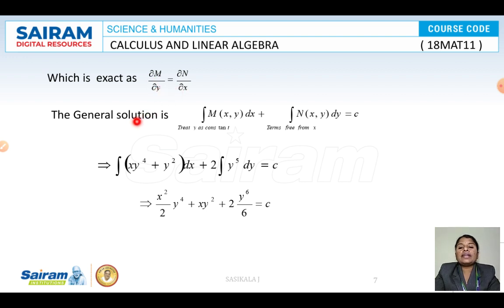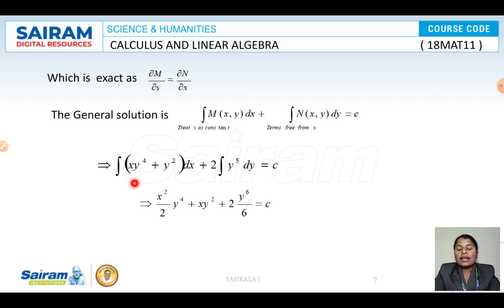Now, in that reduced equation, from there we are going to find the general solution. That means integrate M treating y as a constant, and integrate the N function for the term that does not contain x, that means the term free from x. Other than the x term, whatever you have, you can take it with y.